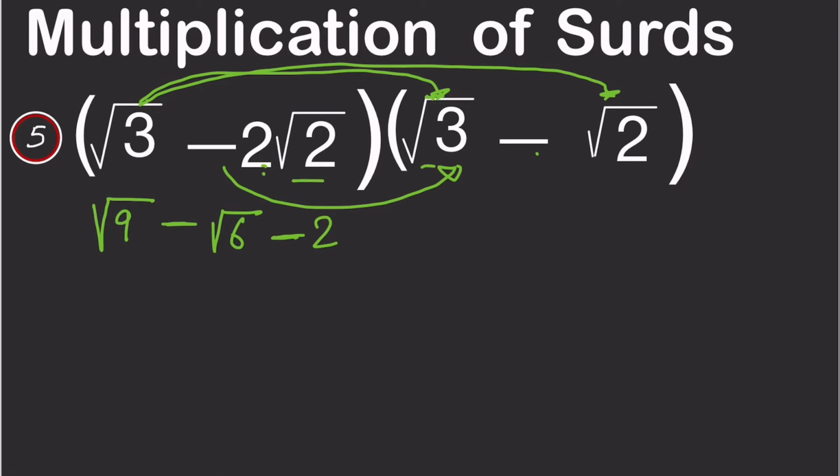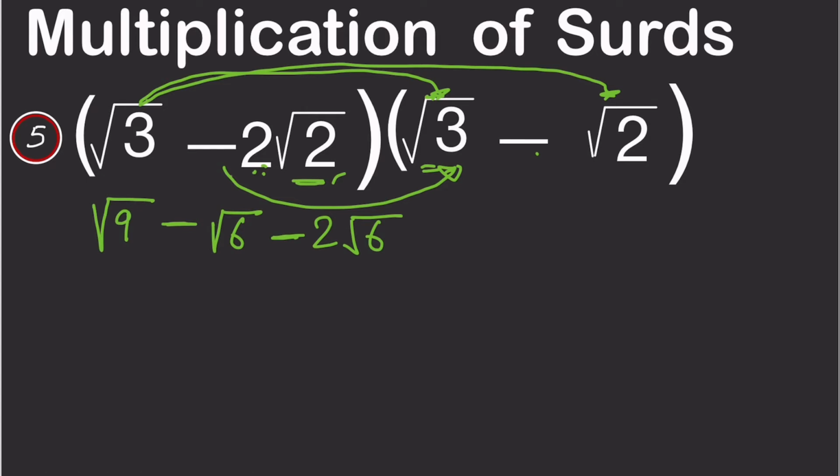We have root 2 times root 3, that will give us root 6. Again, this 2 is a constant, you can write it. You can multiply both of them because they have square roots.